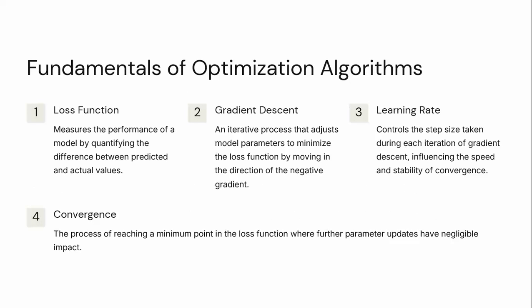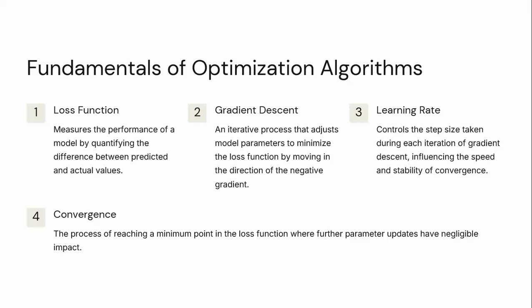So what are the fundamentals of optimization algorithms? Initially we discussed that the model is producing accurate results when the loss function is low. We calculate the loss function after measuring the performance of the model, by calculating the difference between the predicted and the actual values.